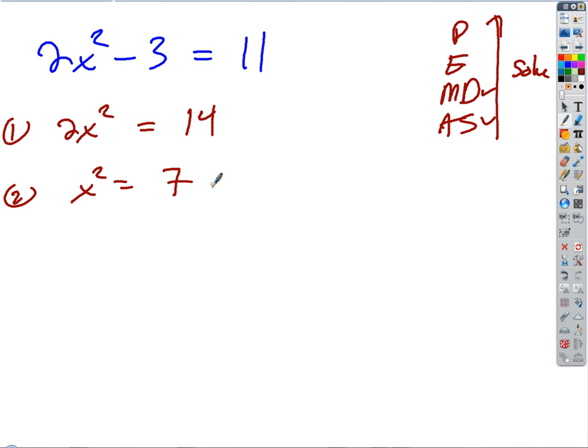Okay, now, here's my question. Obviously, we know intuitively that the next step is to square root. How does that fall into our order of operations? Yeah, that's an exponent, right? We're undoing an exponent, okay? So, how does that work? What's step 3 going to be then?